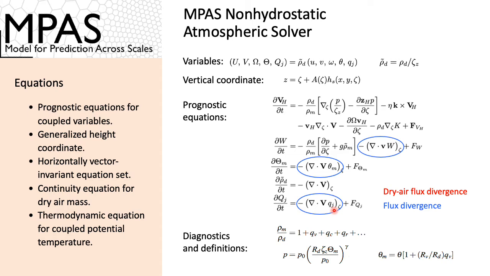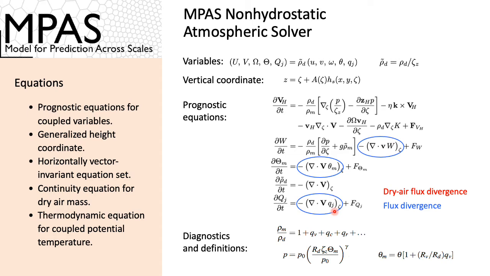This Q_J could be anything from water vapor to other precipitable or other water species, ice, snow, rain, graupel. It could be a mixing ratio for chemical species, for aerosols. It could be a number concentration, a higher moment of a quantity in another scheme. So this Q is meant to be almost anything.